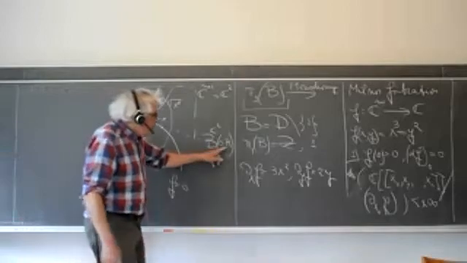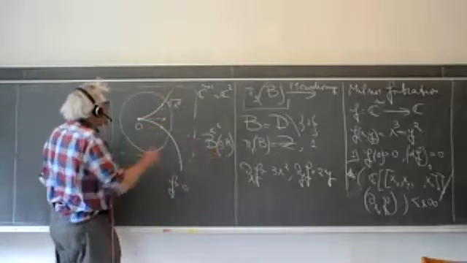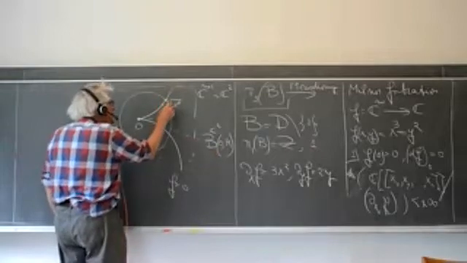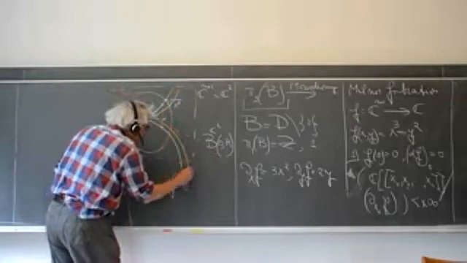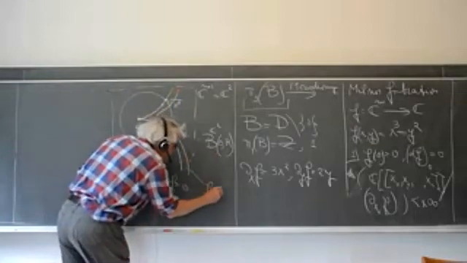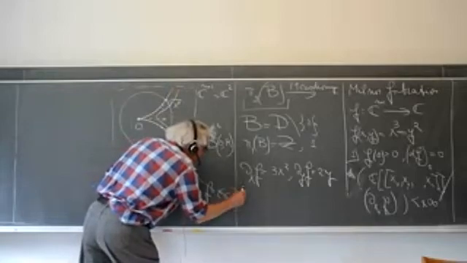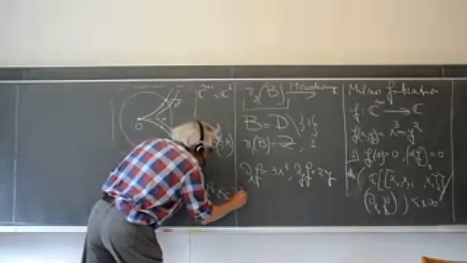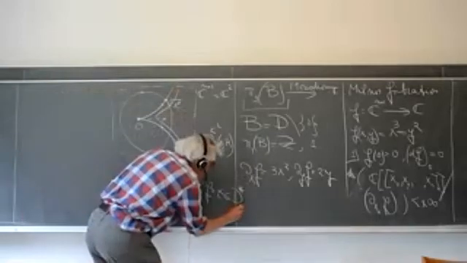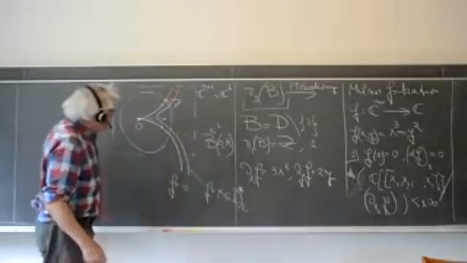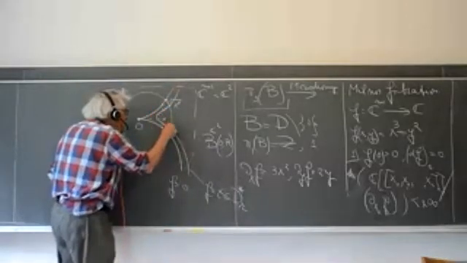Small should be such that what happens inside this picture is the following: when I take the nearby fiber, f equal to t, and t sits in D star, the disk minus the origin of some small radius r, then this piece here is called the Milnor fiber.